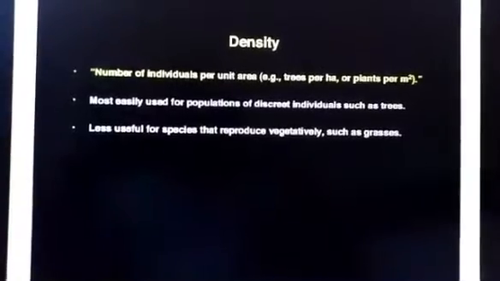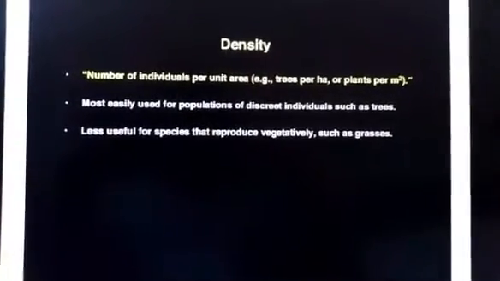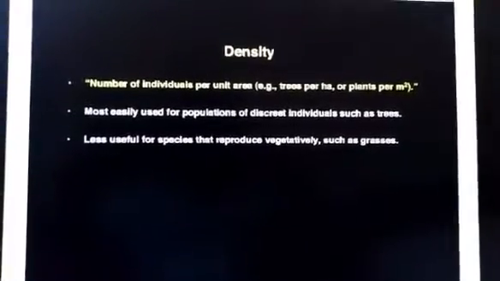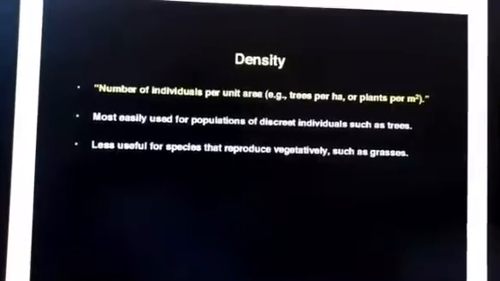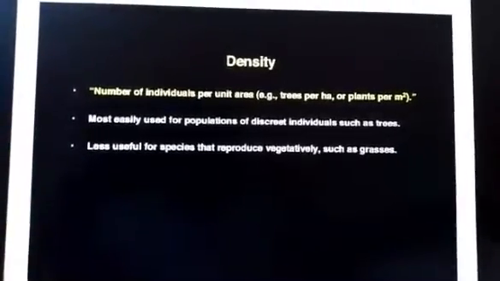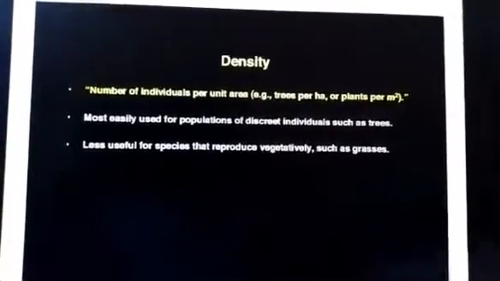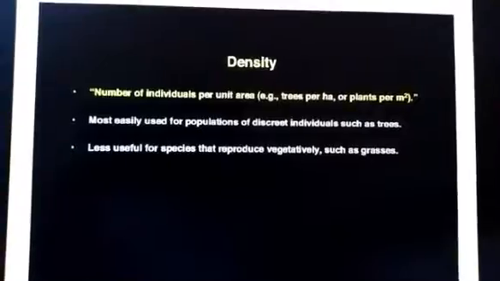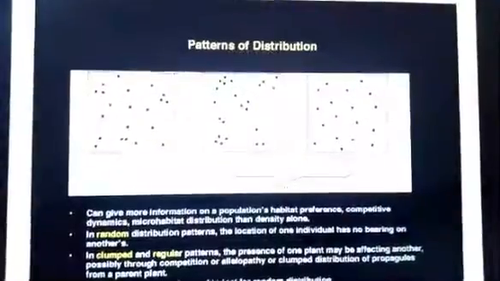The density is simply the number of individuals per unit area, which you should be familiar with from the previous classes. It is most easily used for populations of discrete individuals such as trees, and less useful for species that reproduce vegetatively, such as grasses and other smaller plants.